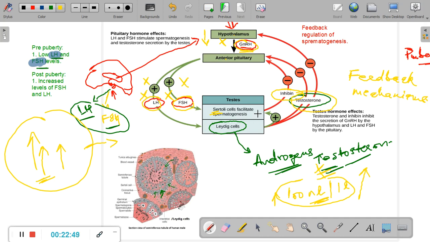So you see, if there is a rise in the number of sperms beyond a certain level, or a rise in the concentration of testosterone beyond a certain level, both the testosterone and inhibin, the product of spermatogenesis, tell the hypothalamus and anterior pituitary to reduce their secretions, thereby reducing the process of spermatogenesis.